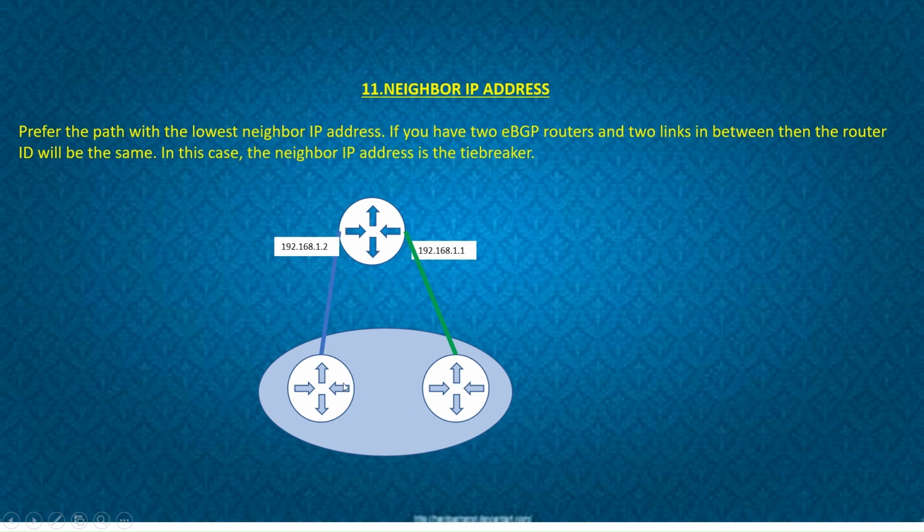The router ID is the same for both, so the last tiebreaker will be the neighbor IP address. Whichever has the lower interface IP will become the preferred path. In this case, you can see 192.168.1.2 and 192.168.1.1. So 1.1 is smaller, and this path will become the preferred path.